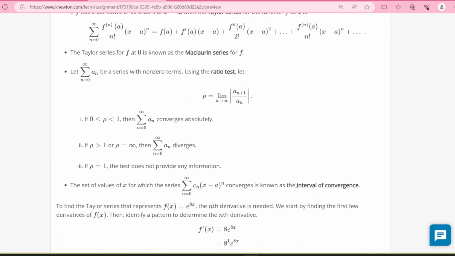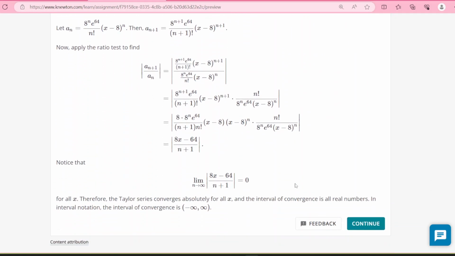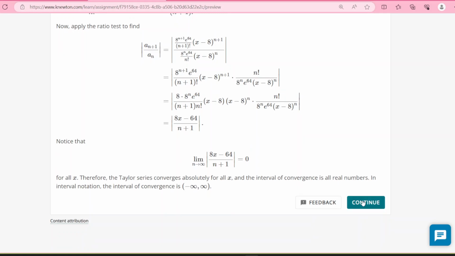And again, they take you through it. Same procedure I kind of just went through. Great.